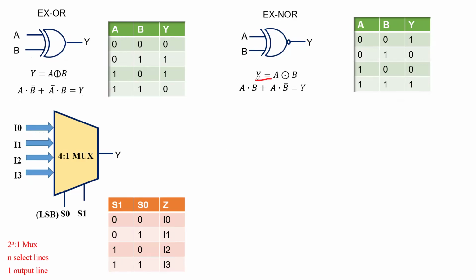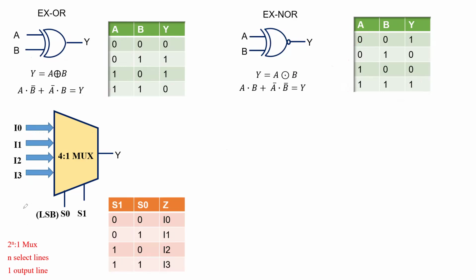So here, the logic equation says Y equals A exclusive NOR B, or in simplified form it is A and B, or A bar and B bar, equals Y. So the truth table says the output of the exclusive NOR is logic 0 if any one of the inputs is logic 1. Otherwise, the output is 1 if both inputs are the same, either 0, 0 or 1, 1.